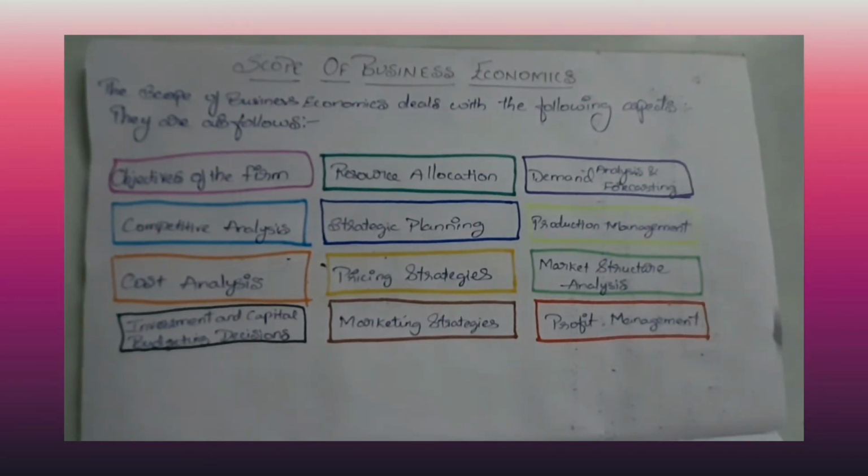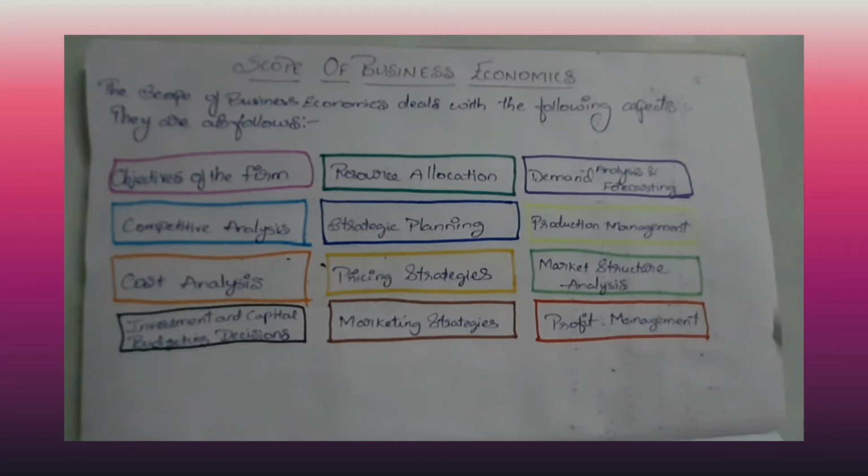Then what is this cost analysis? We have heard objectives of the firm, competitive analysis, strategic planning. Now, what is this cost analysis? Once after the product has been produced, a product is ready. Do you think is that easy to price a product?